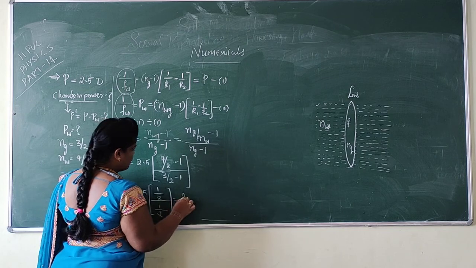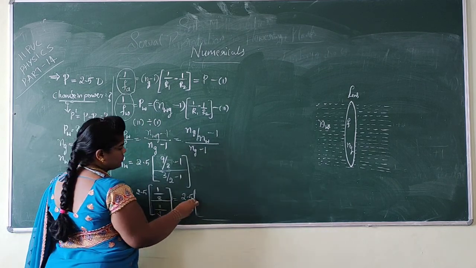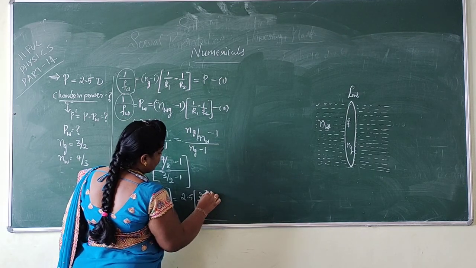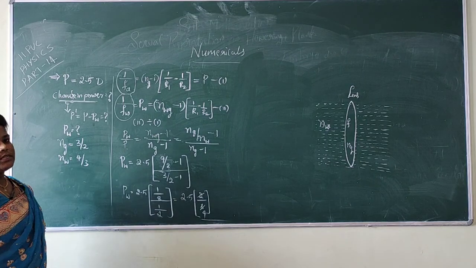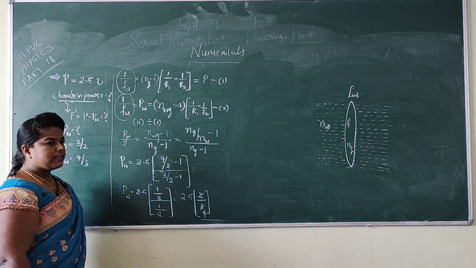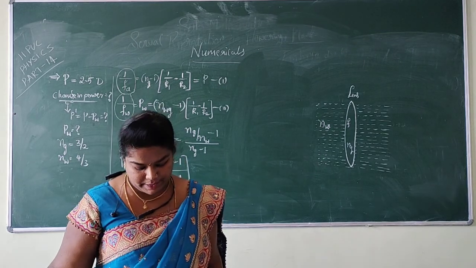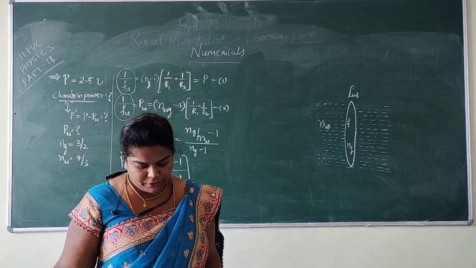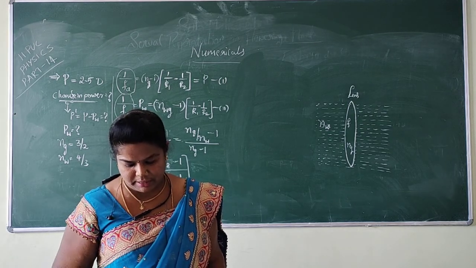So now let us substitute: 2.5 into 2 by 8, that is 2 ones are 2, 2 fours are 8. Dear students, you should be very careful while doing this, because this is 2.5 divided by 4.